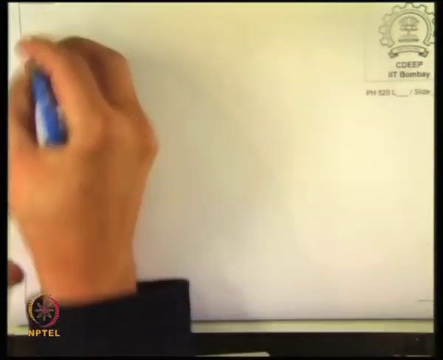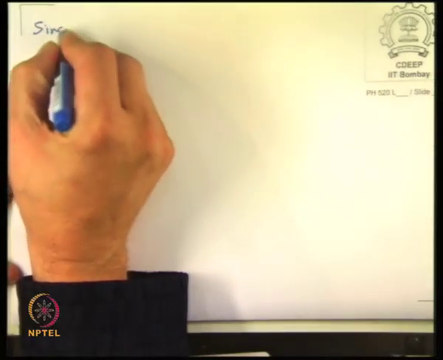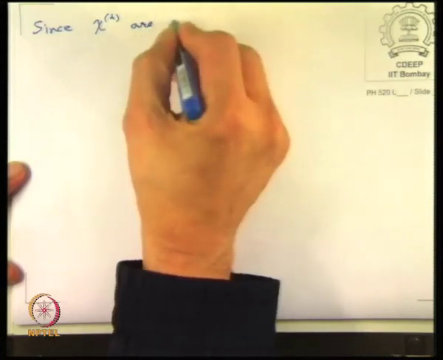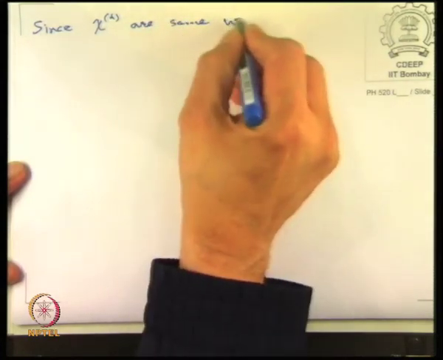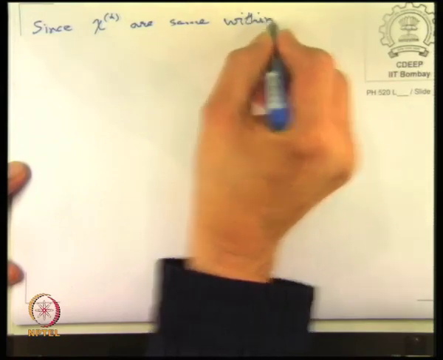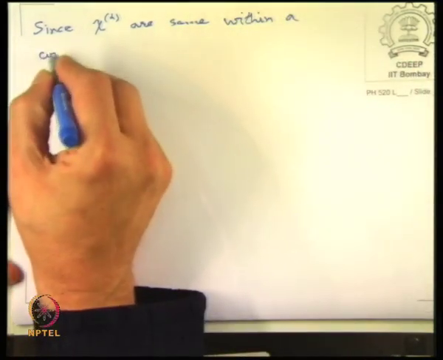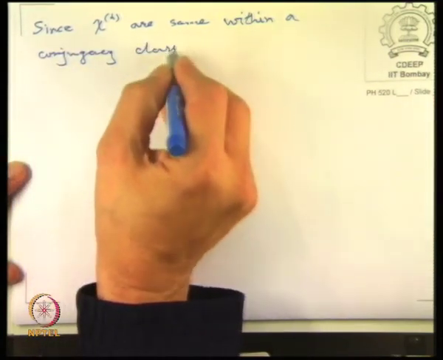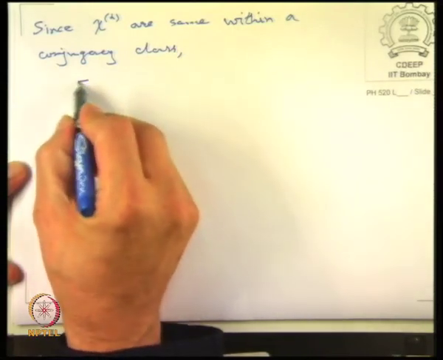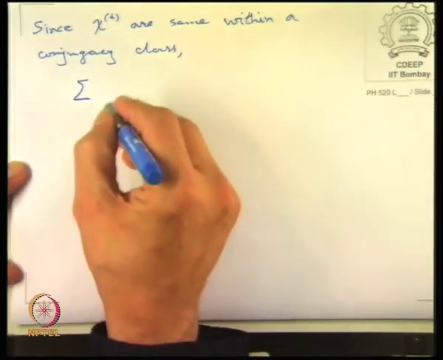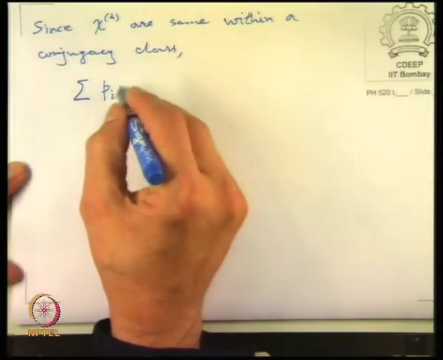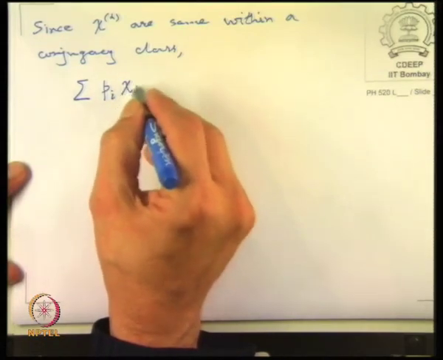So, since chi alpha are the same within a class, conjugacy class, we can also write this out as sum over classes of Ti times chi, where Ti is the number of members in the class I, and now we do not sum over g anymore.